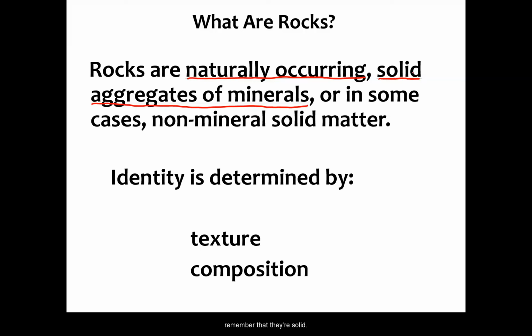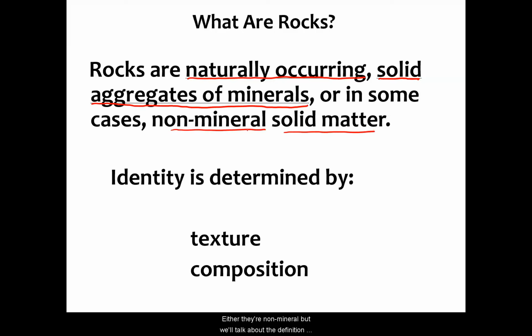So if we were to take that pile of sand that we talked about, and we were to lithify it by burying it, by sticking all those grains together, you get what is called a sandstone. And that is now a rock because it is a solid aggregate of mineral. It occurs naturally. Once in a while, some rocks are made of non-mineral solid matter.